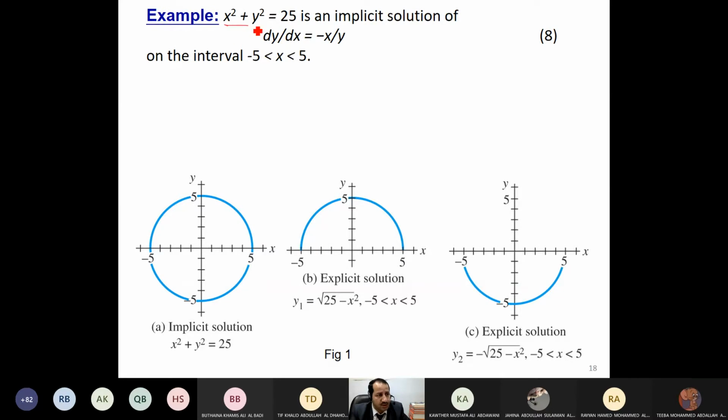He told me that this is a solution. Which one? Implicit solution for dy over dx equal minus x over y. Implicit because y came with x together. It is not y equal.